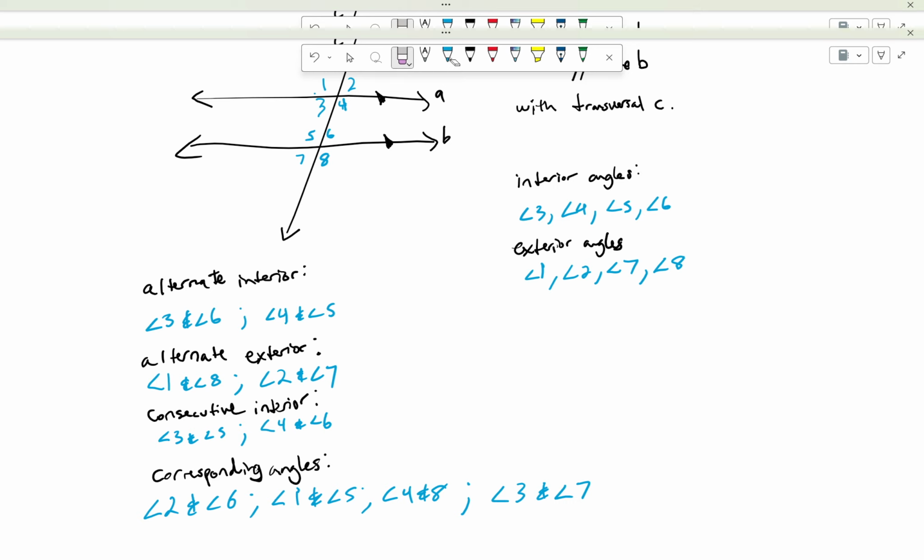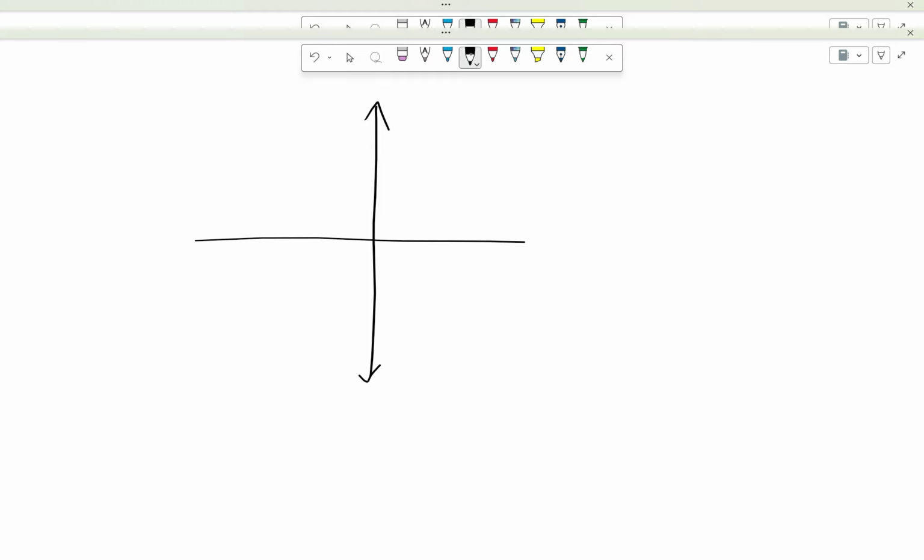Okay. Last but not least, let's talk about perpendiculars. Okay. So here we go. 2 lines. And we have line L, have line J. Okay, and they are perpendicular. I have a right angle, and I have line L is perpendicular to line J. This upside down T means perpendicular.